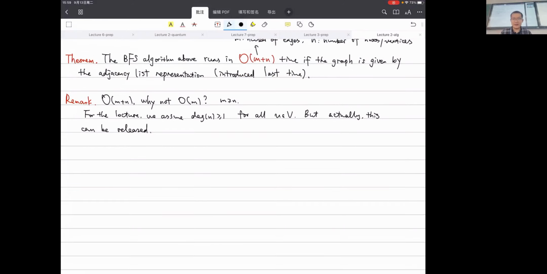But to think about everything rigorously, writing O(M plus N) makes things clear. This is also typically the case when you see a graph algorithm with complexity O(M plus N): for safety reasons, you write M plus N to make sure that everything is well covered. Okay, so this is this algorithm. Maybe let's continue in 10 minutes.